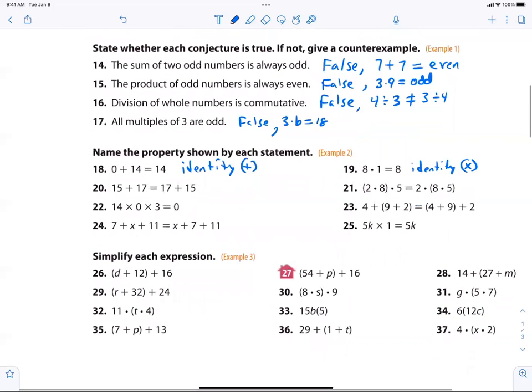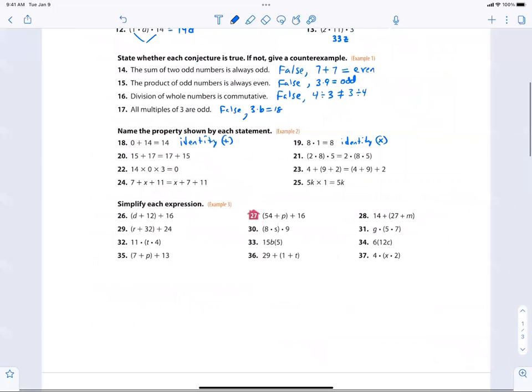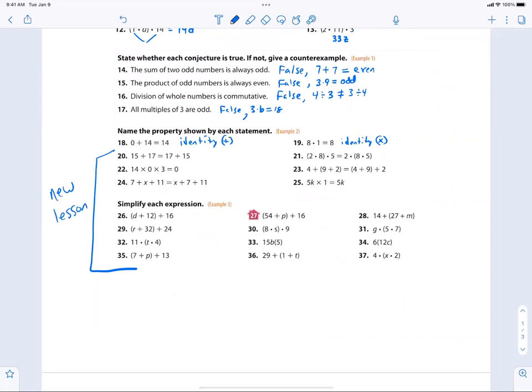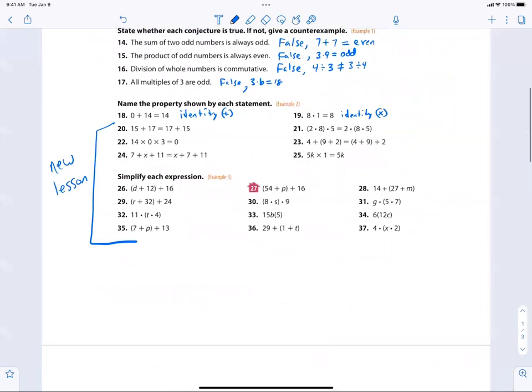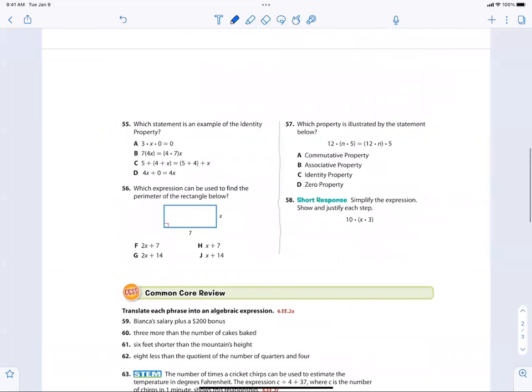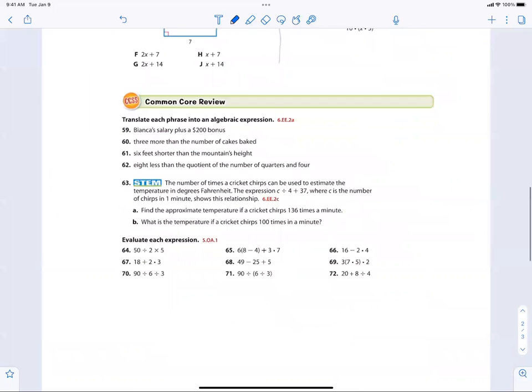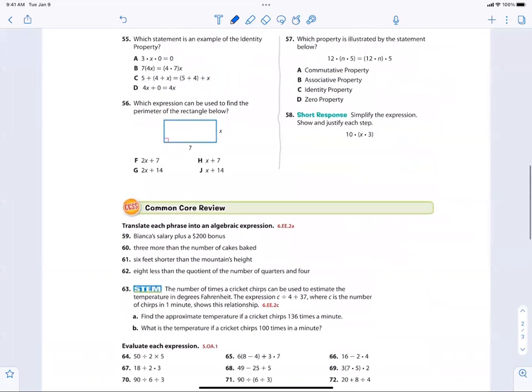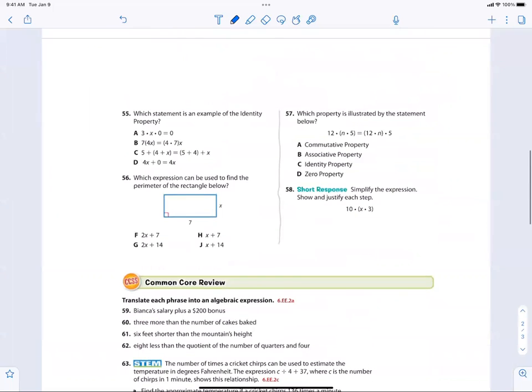So here's again, guys, I super appreciate today's lesson. Now, your job right now, you got to pay attention, is this whole page. This is our new lesson. All right. So I need everybody to do 20 through 37 and then turn the page over. And then I'm giving you a little break because you guys were great today.